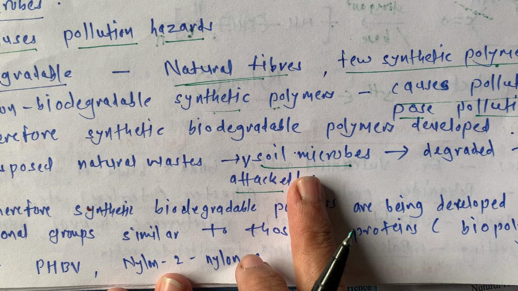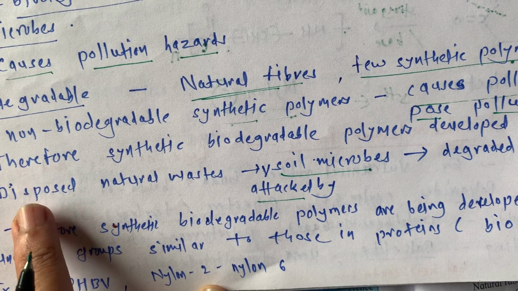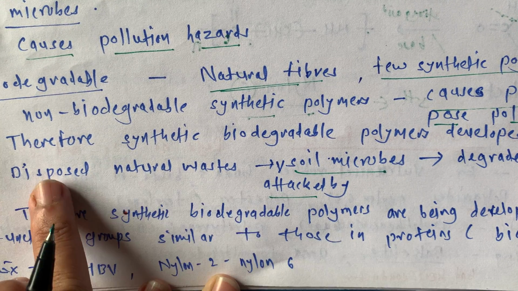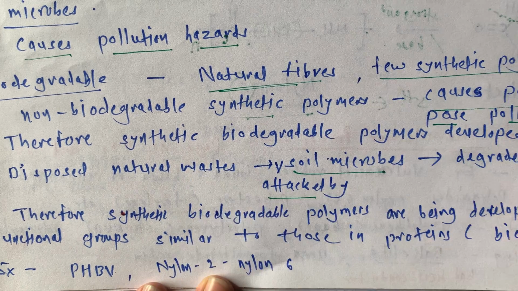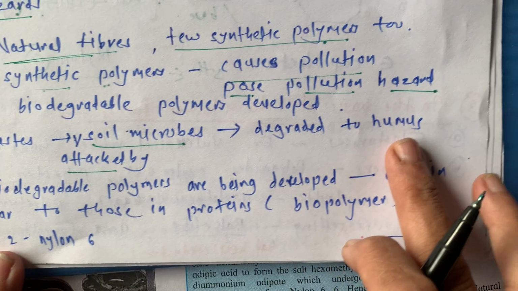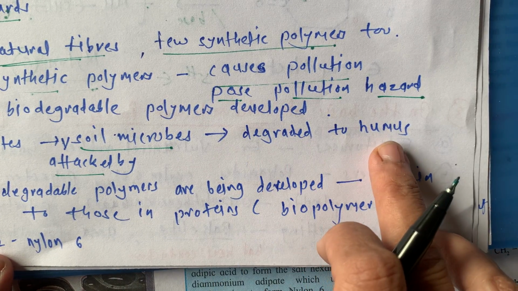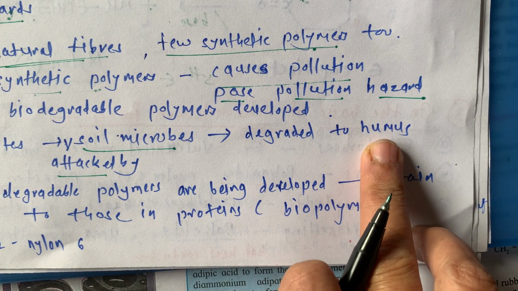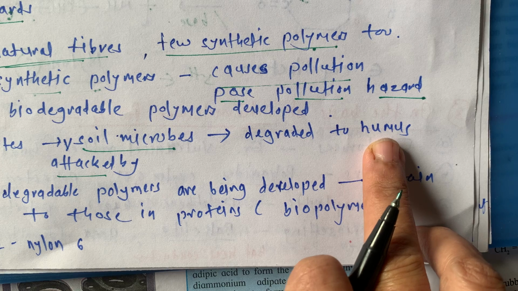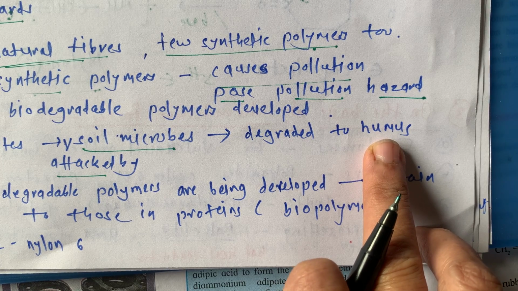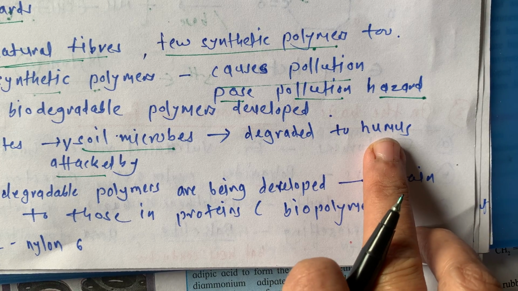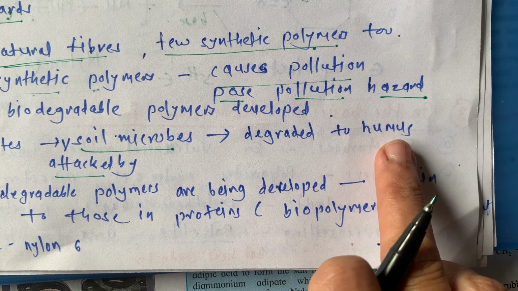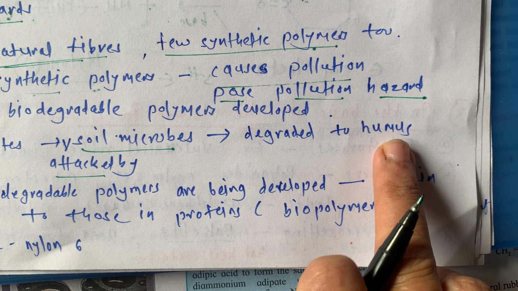Attacked by soil microbes means this is treated as natural waste, and it is degraded to humus. From this humus we know a very good example of organic fertilizer, that is gobar khad, where there is formation of humus. In that also there are vegetables and so many fibers.